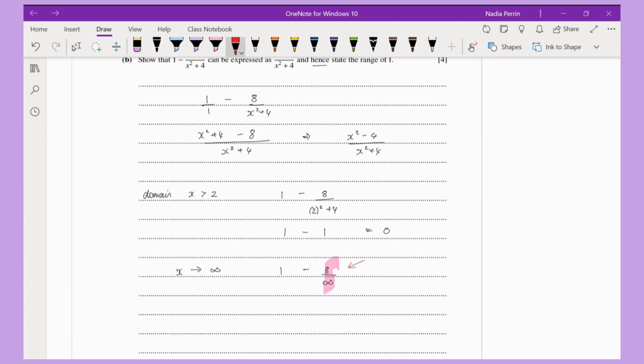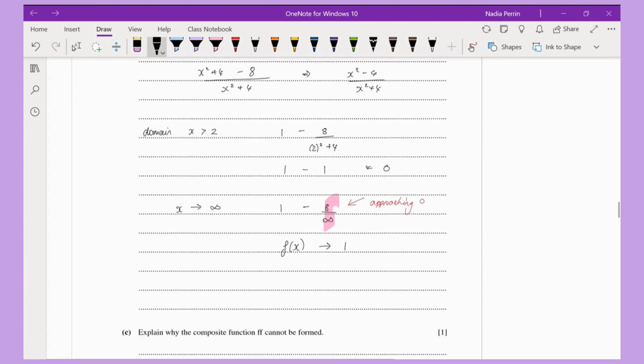If you divide any number by a really, really big number, it's going to approach 0. So this whole section is approaching 0, which means that as x approaches infinity, our whole function is going to be approaching 1.